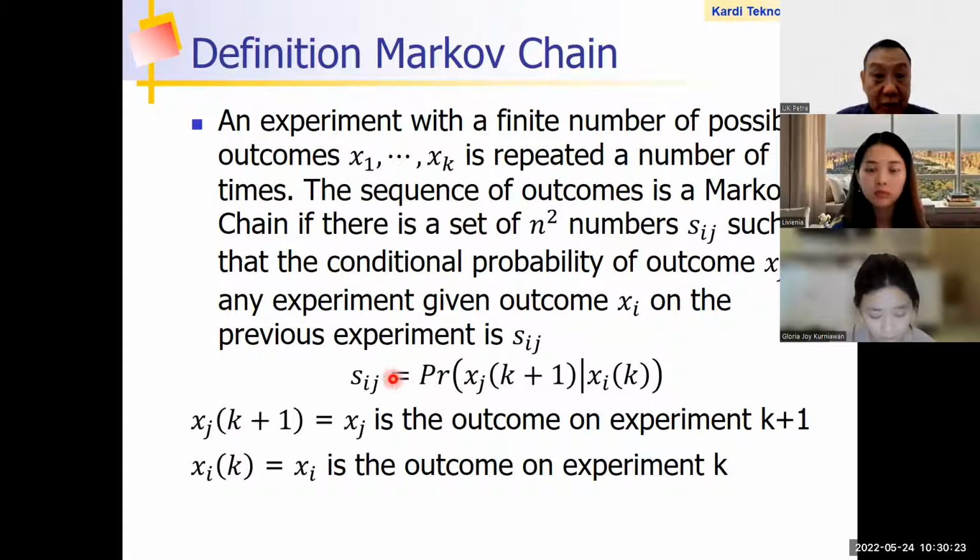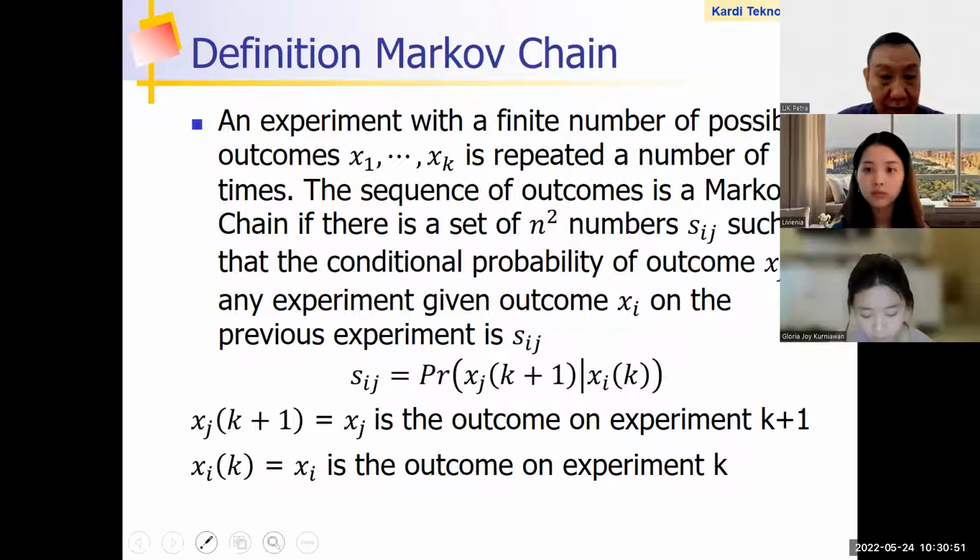So this is the definition of a Markov chain. An experiment with a finite number of possible outcomes is repeated a number of times. The sequence of the outcomes is a Markov chain if there are n squared numbers Sij, so that the conditional probability of the outcome is given by this value. That is just the formal definition.